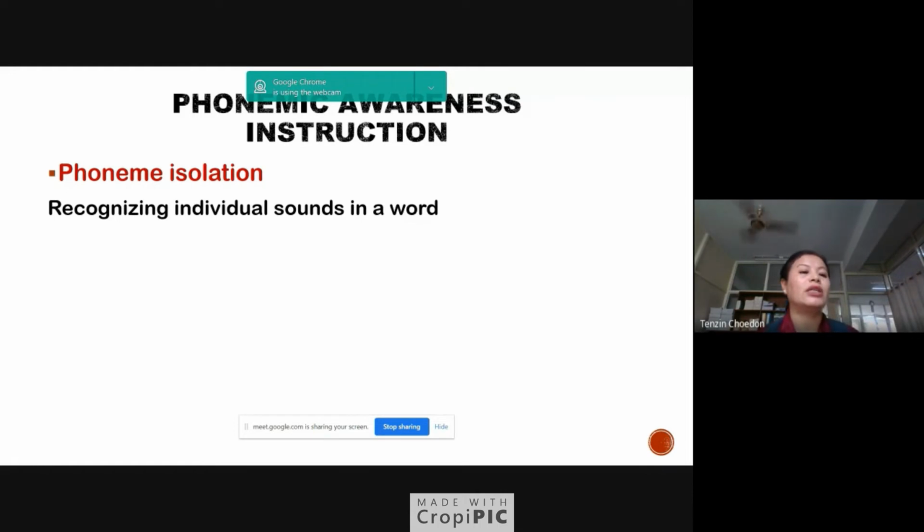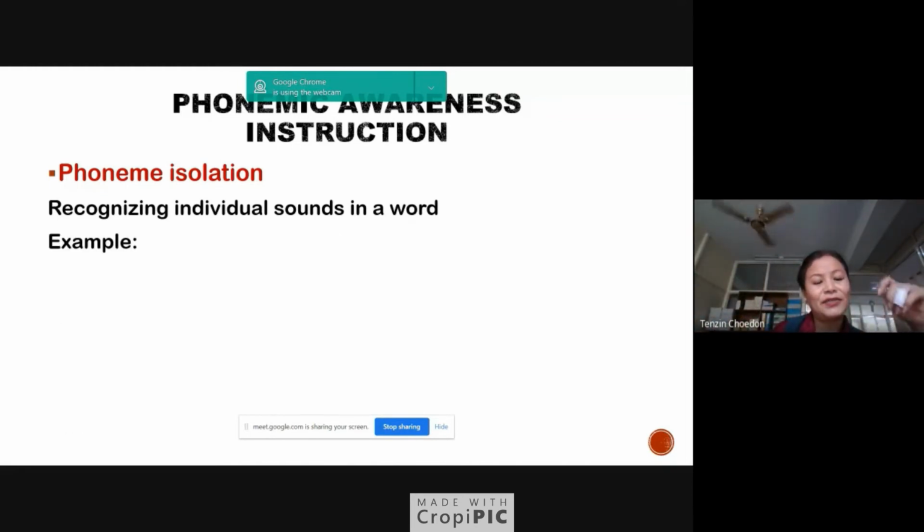So phoneme isolation is recognizing individual sounds in a word. When I say a word, as a teacher, your children have to understand the sound, the phoneme, for the different parts of that word.